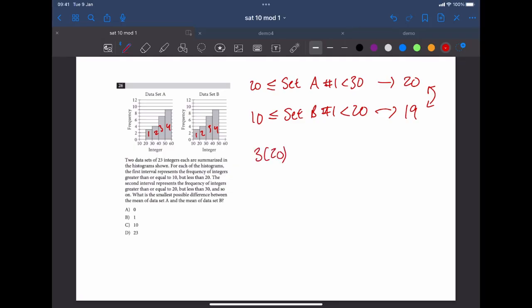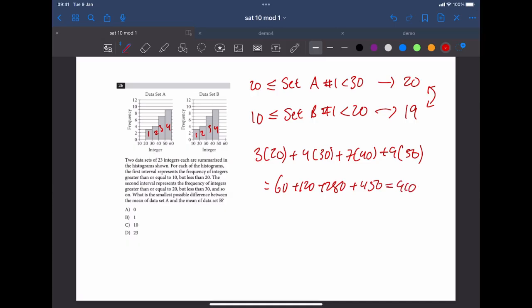We can do 3 times 20 plus 4 times 30, and so on, plus 7 times 40 plus 9 times 50. And that would get 60 plus 120 plus 280 plus 450, which goes to 910.